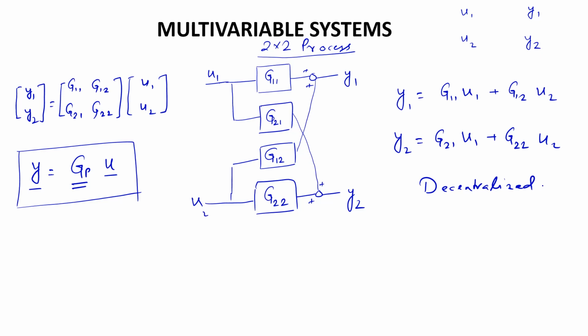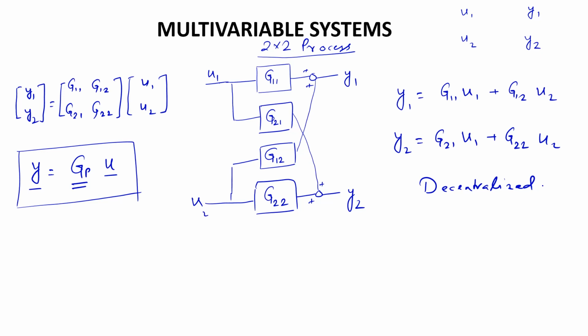We use u1 to control y1, we use u2 to control y2. The changes in u1 are dependent on y1 alone. Movements in y2 do not affect changes in u1. Movement in u2 is affected by y2 alone. Changes in y1 do not affect movement of u2. So u2 acts based only on y2, and u1 acts based only on y1.